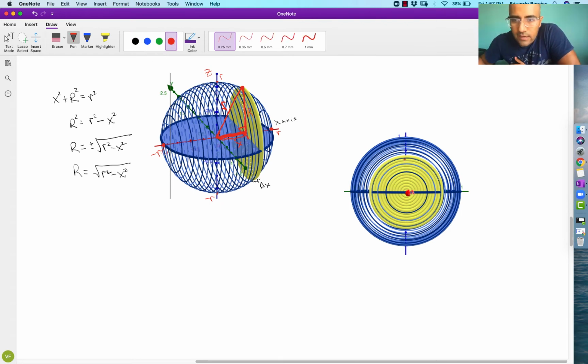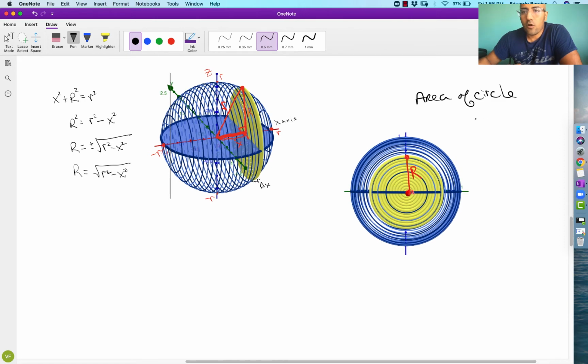And now we know that the height from there to, well, let's make it thicker, from there to there is going to be capital R. And it varies, right? Lowercase r is a constant. Capital R is going to vary depending on where exactly we slice it. Okay, but if we have this, then we know the formula for the area of a circle is always equal to pi radius squared. Right? It's pi r squared, where r is the radius, but I didn't want to confuse it with other things. So area of a circle is pi times radius squared.